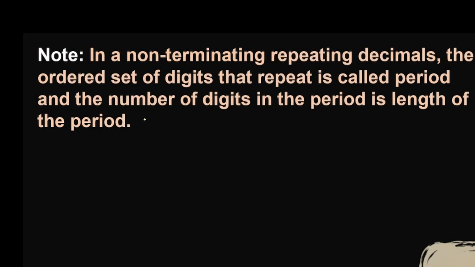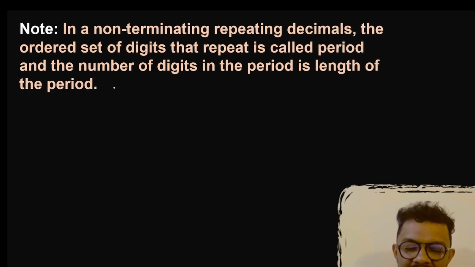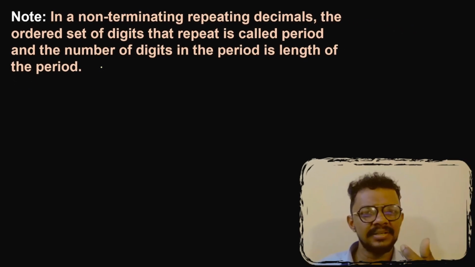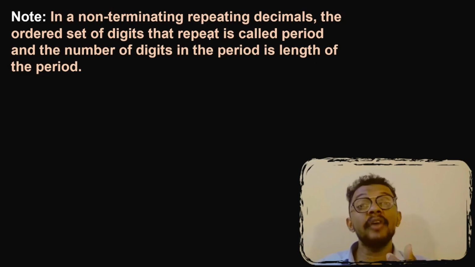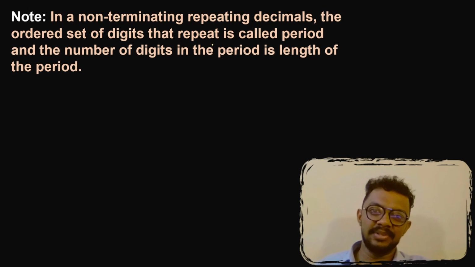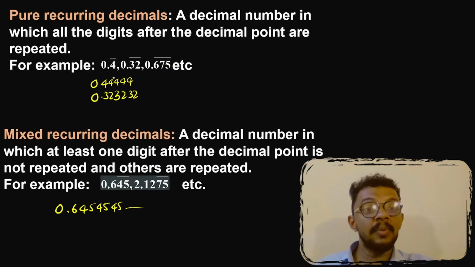I'm giving you one more piece of information about non-terminating repeating decimals. The ordered set of digits that repeats is called the period. And the number of digits in the period is the length of the period. There is some set which is repeating, right? This set is called the period, and the number of these digits is called the length of the period. For example, in 0.44444, the period is 4 and the length of period is 1.